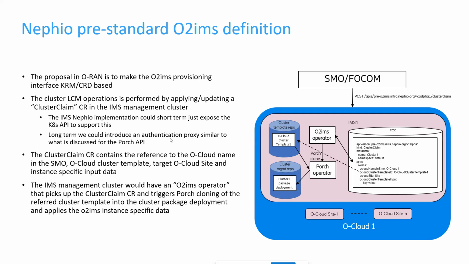I think in the security working group, there is some work on this. I was thinking that we could start with just the Kubernetes API, and then involve the security working group to see if we should have some more advanced authentication proxy as a front end, as an alternative.